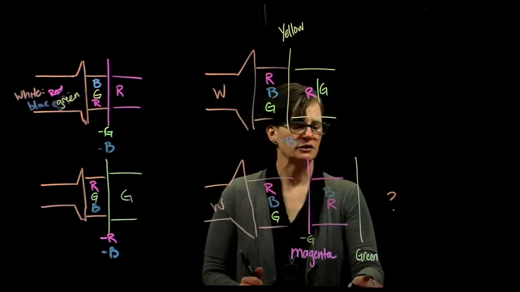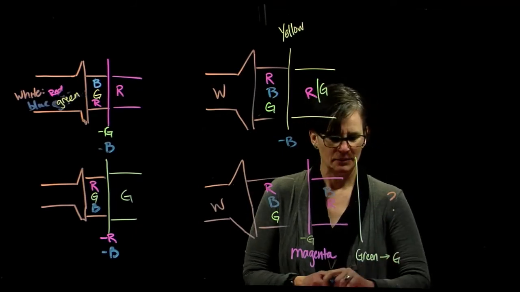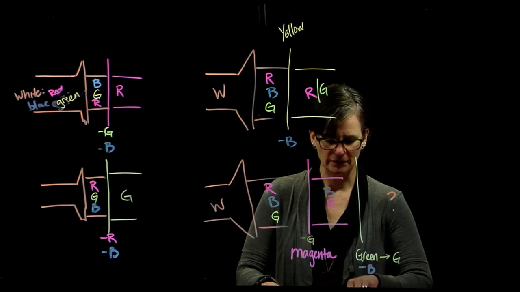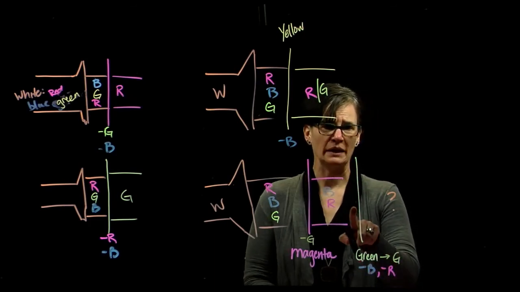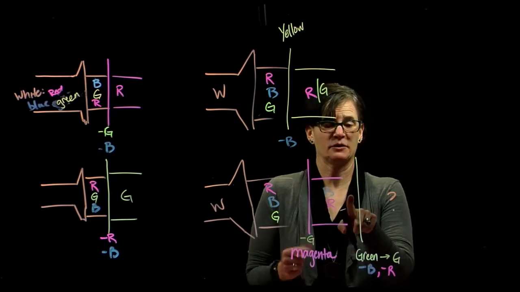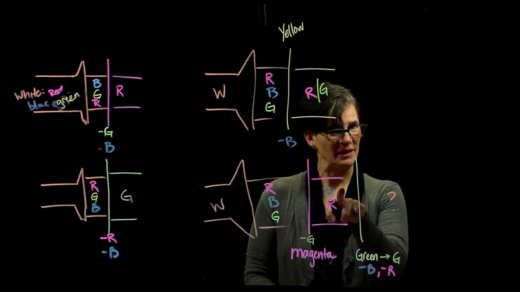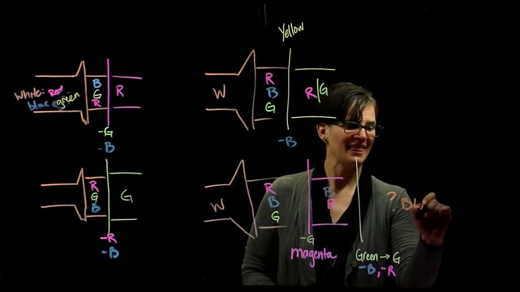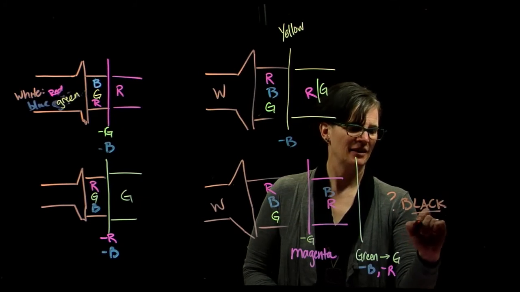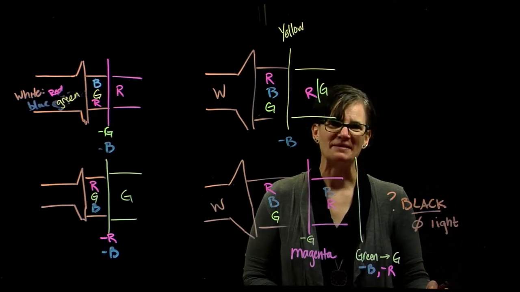A green filter, well, that allows green, but it takes away blue and red. Well, if there was green light here, it would let that green light through, but there's not. And it takes away this blue light, takes away this red light, and we're left with nothing on the other side, which we interpret as black or no light.